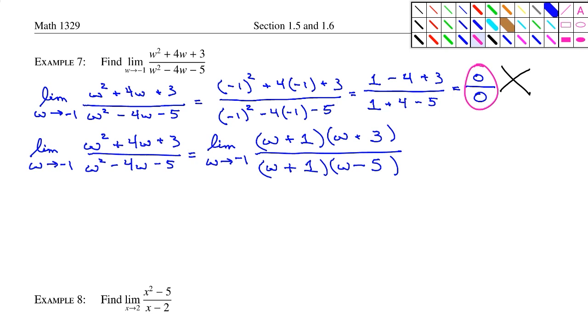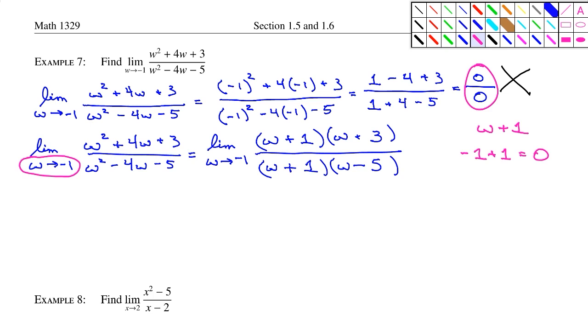So the question is, what factor creates a 0 whenever you're trying to evaluate as w approaches -1? Well, that's the factor of w plus 1, because negative 1 plus 1 is equal to that 0. That's where that 0 is coming from.